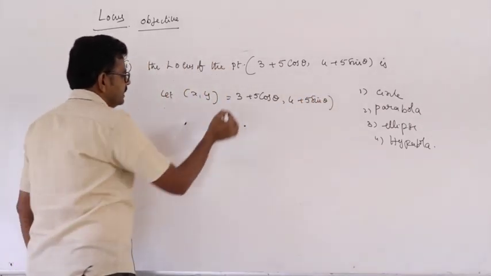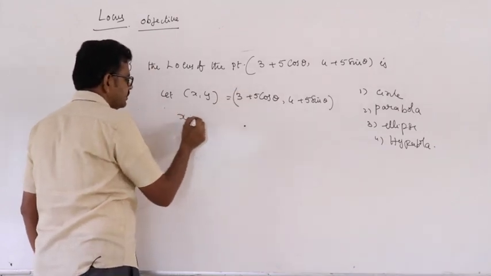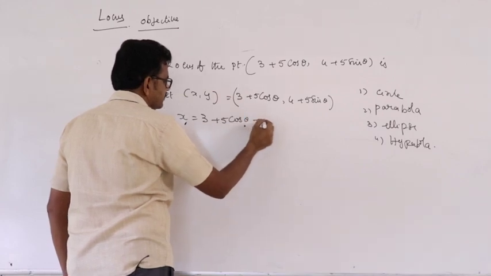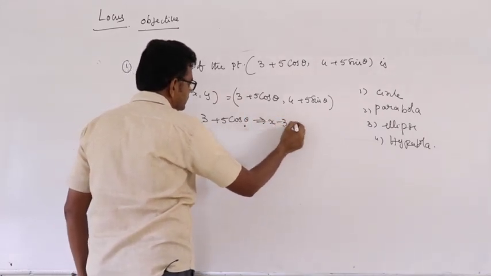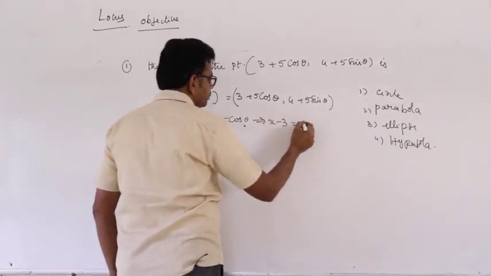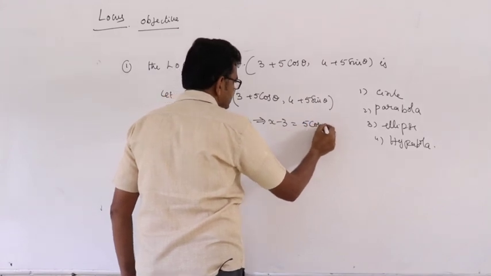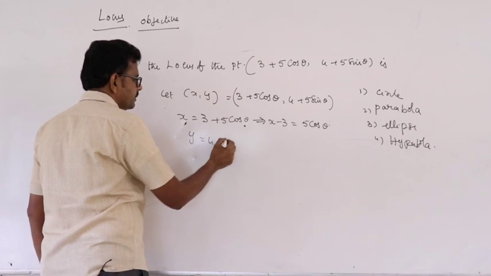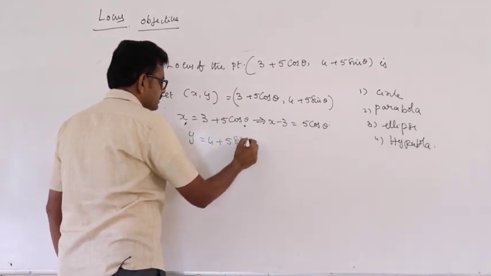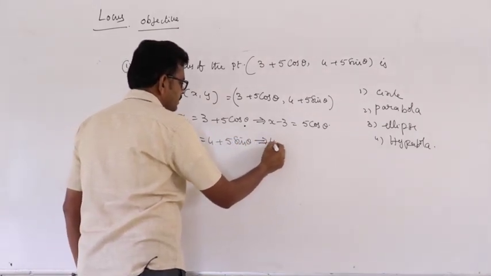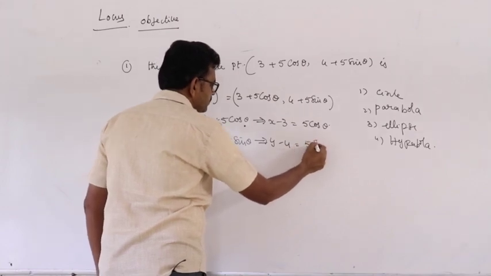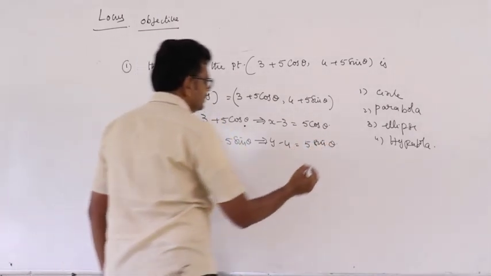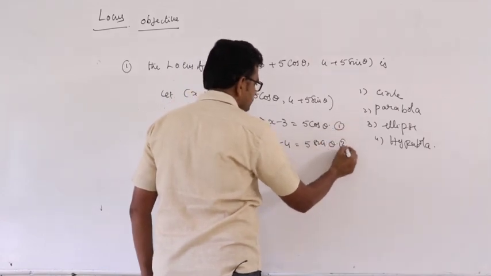That is, x = 3 + 5cosθ implies x − 3 = 5cosθ, and y = 4 + 5sinθ implies y − 4 = 5sinθ. Okay? This is called 1, this is 2.